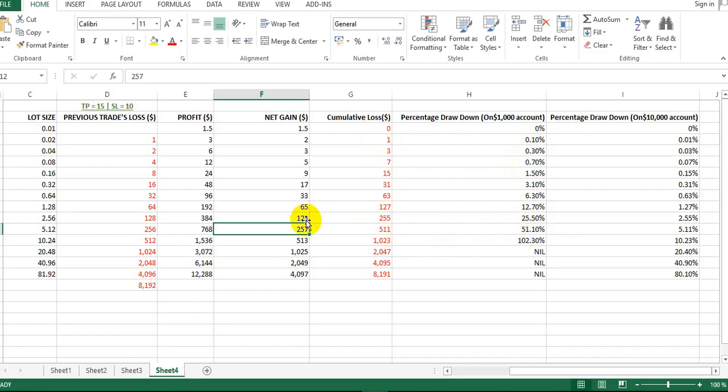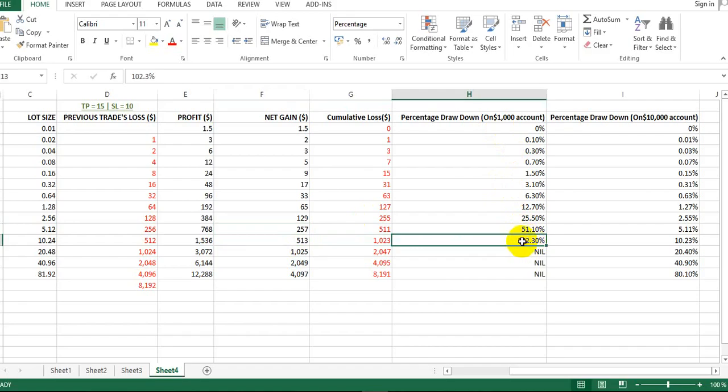But guess what? Anytime this moves up to an 11th trade, if you had just $1,000 in your account to start with, you're going to lose all of your money, because your percentage drawdown at that point is 100%. And when your percentage drawdown is 100%, it means you've lost your account. You have nothing to trade again.